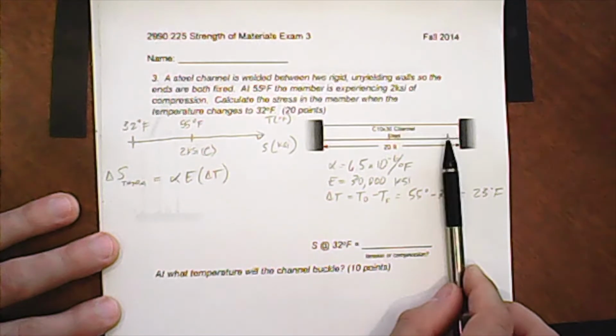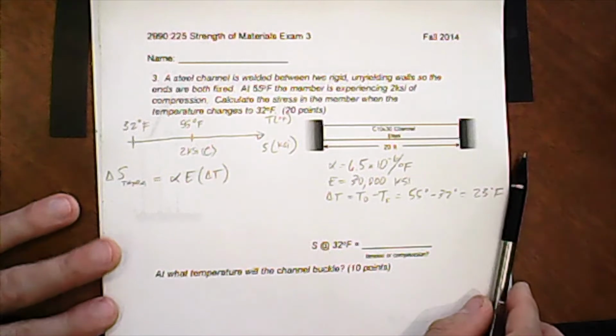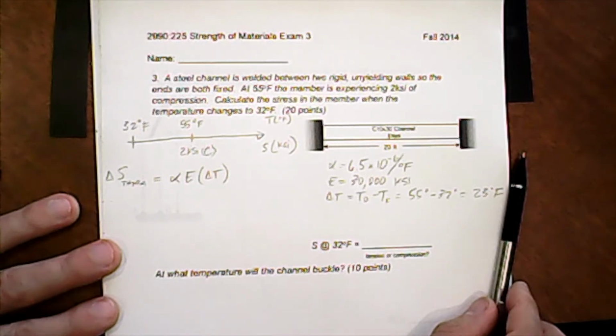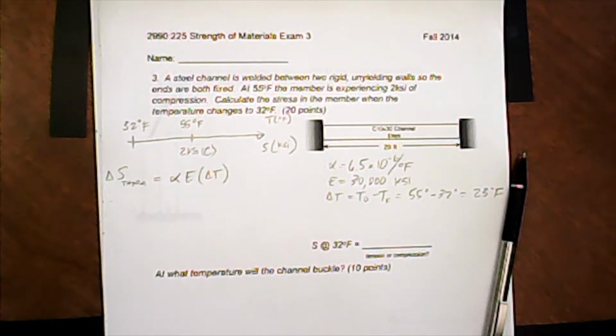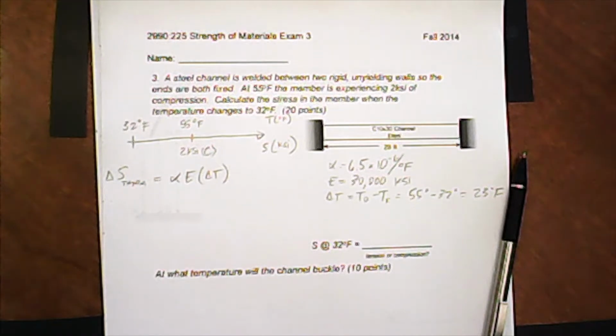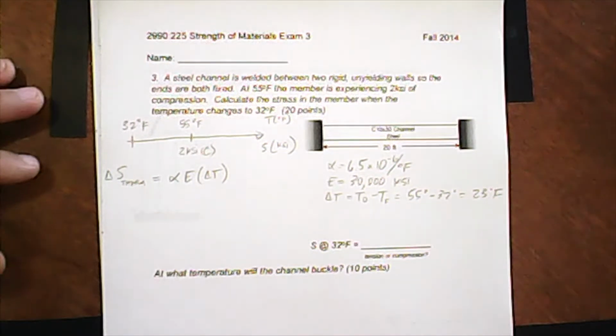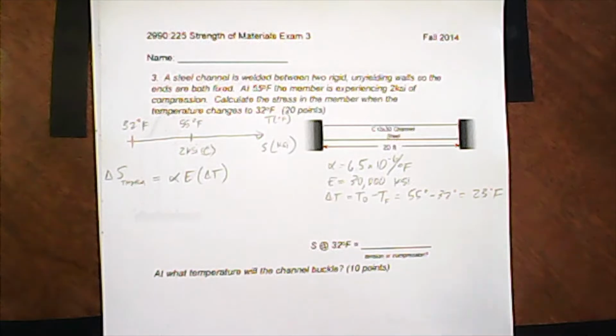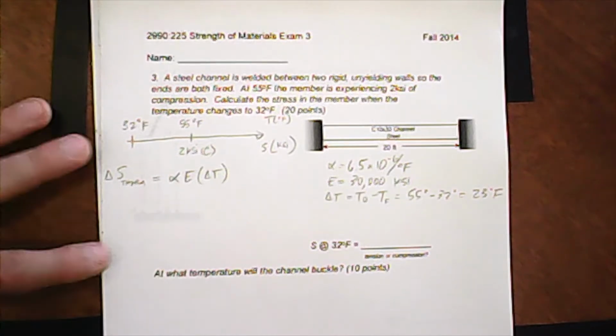I think we all agree that's going to cause more tension. It's trying to pull closer to the center, but it cannot. That's the same thing as if the walls were trying to pull it apart and it wouldn't move, of course, because it's welded. So it's going to cause more tension, and this change in stress will be in the tensile direction.